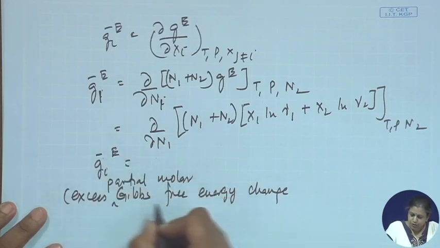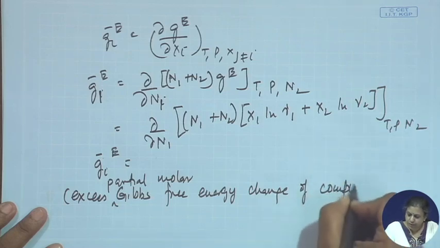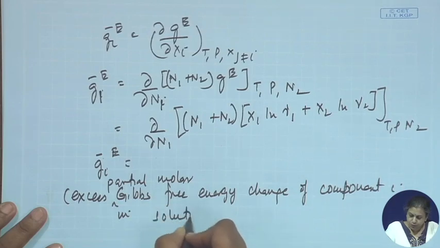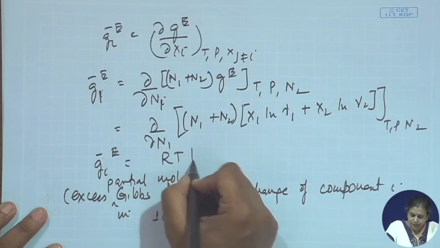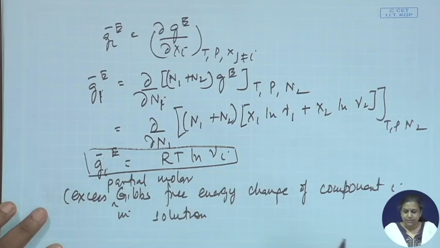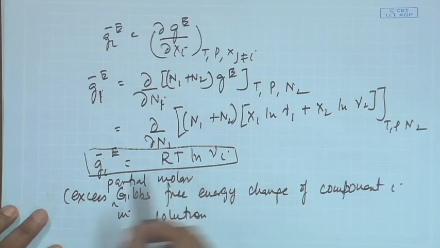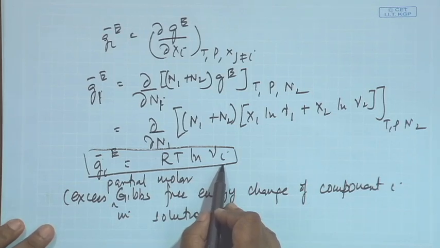Excess partial molar Gibbs free energy change of component i in solution. What is this? This is G i bar E equal to RT ln gamma i. So, if you can calculate the partial molar excess Gibbs free energy of component i, then you should be in a position to calculate the activity coefficient of that particular component.